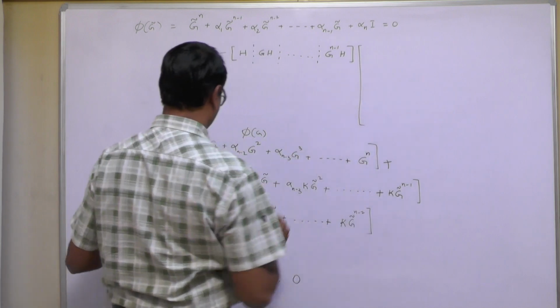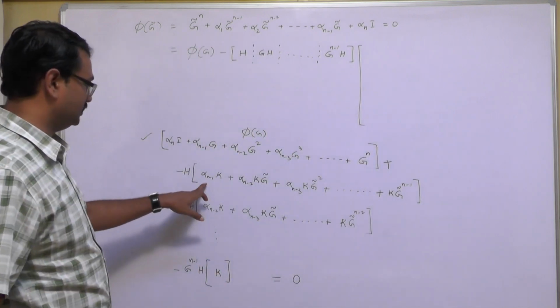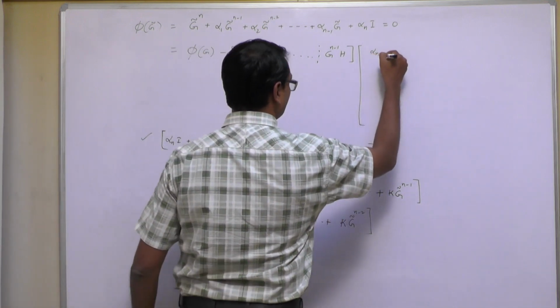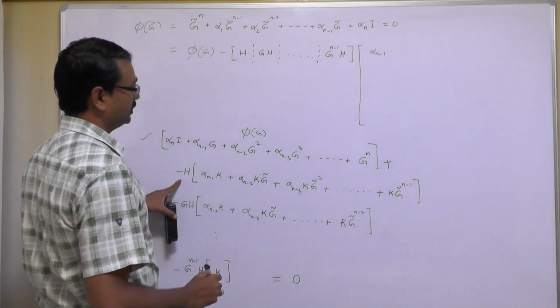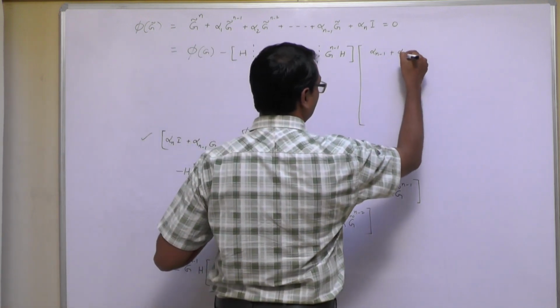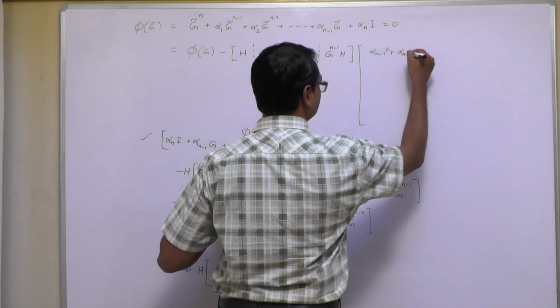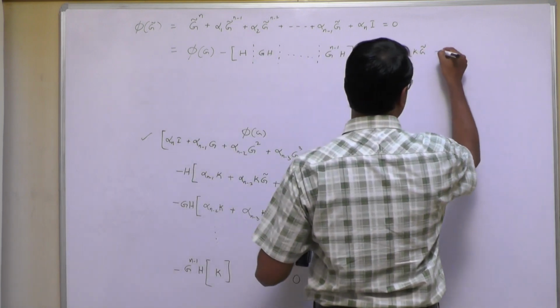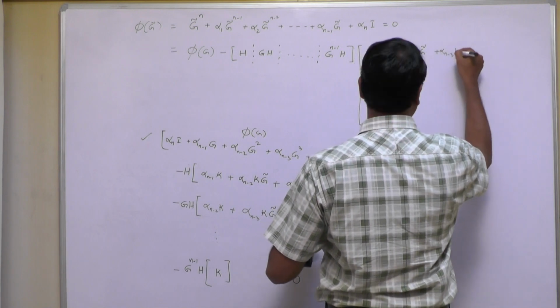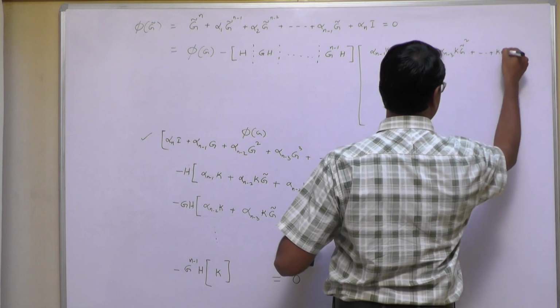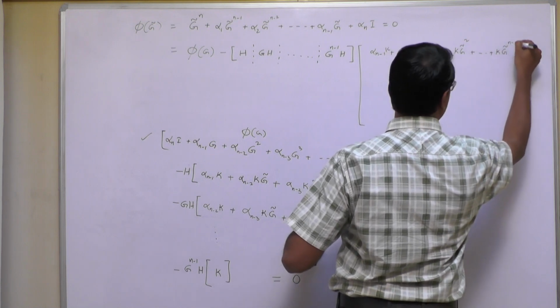what are the components that we are left over with? You can have this, alpha n minus 1 H is a matrix, and we have this alpha n minus 1 K plus alpha n minus 2 KG bar plus alpha n minus 3 KG bar square plus so on plus KG bar power n minus 1.